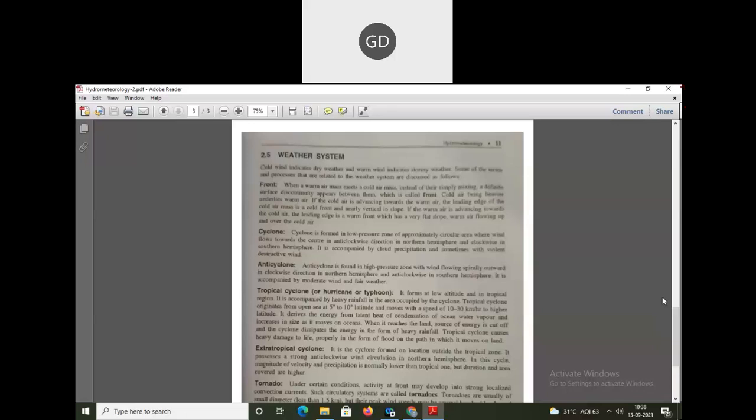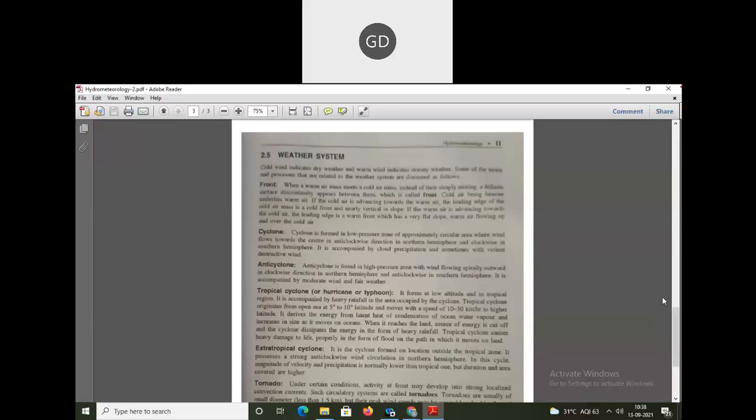Then comes your cyclone. So what is a cyclone? A cyclone is formed in a zone where there is very low pressure, in a circular area. The wind flows towards it in a circular, anti-clockwise direction, and it goes clockwise in the southern hemisphere.